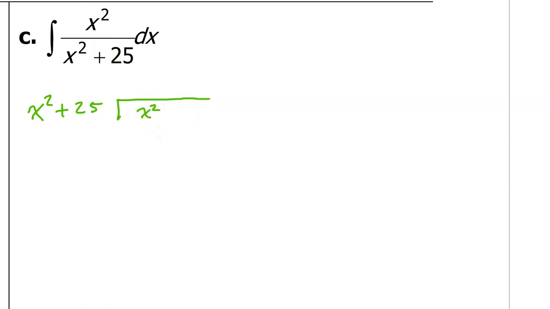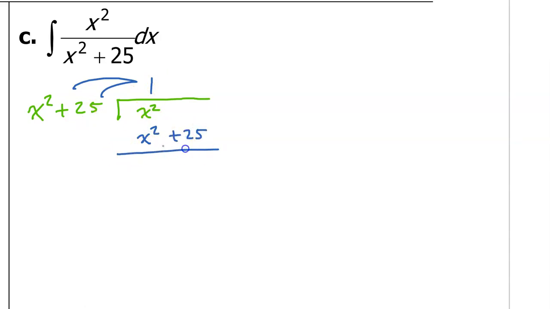So we have this. Then we ask ourselves, x squared times what will give us x squared? And of course, that answer is going to be 1. Then we turn around and do the distributive property with this 1. 1 times x squared is x squared. 1 times 25 is 25.